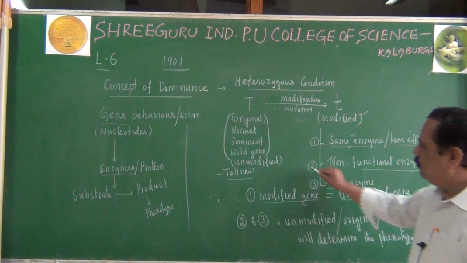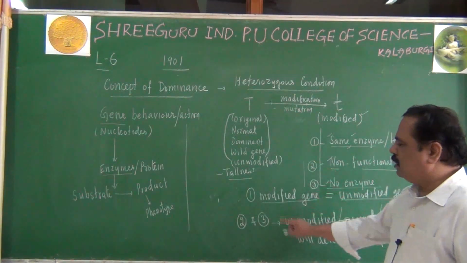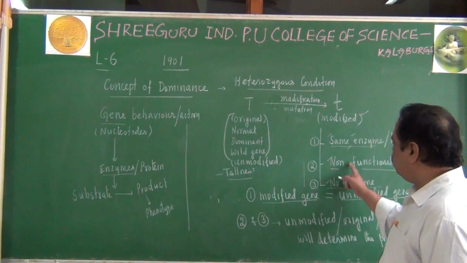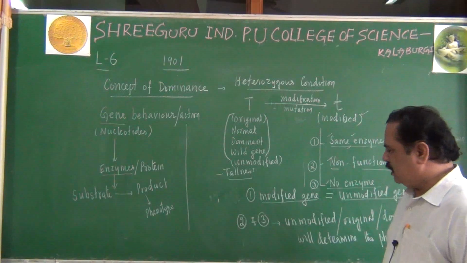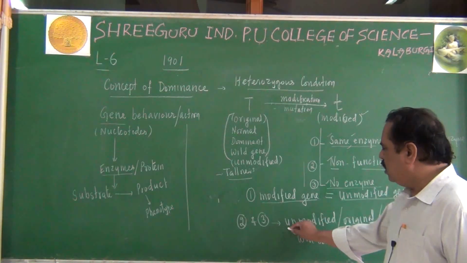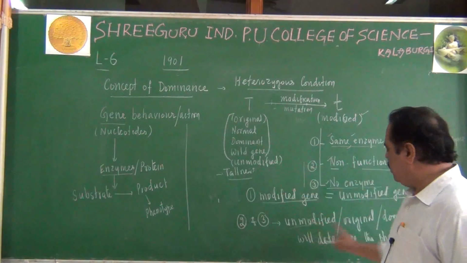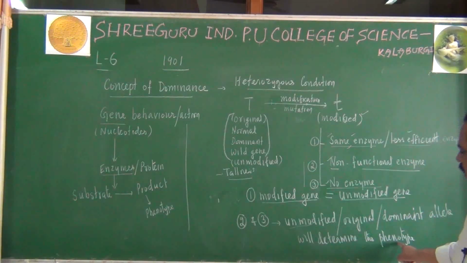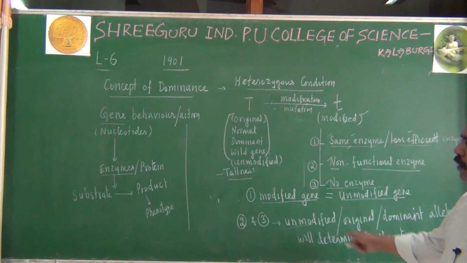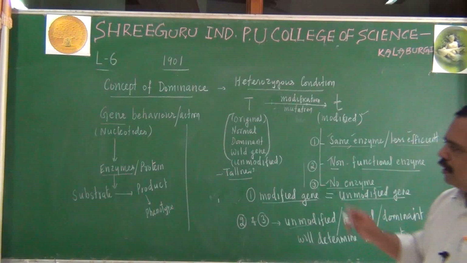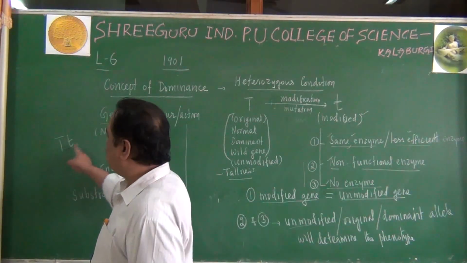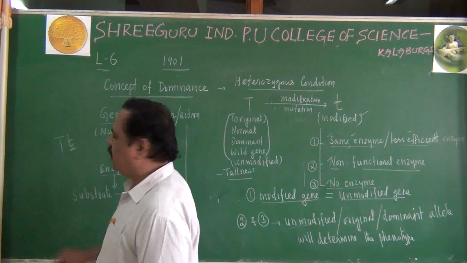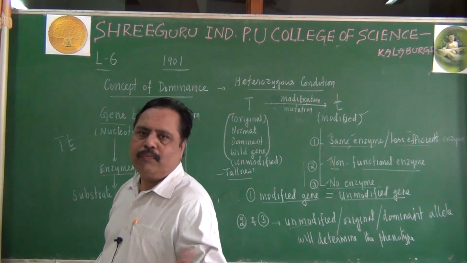But if it behaves in the second or third way, if it is not producing an enzyme or produces a non-functional enzyme, what is the meaning? The unmodified allele, that means the original allele, will be determining the phenotype. That is what happens in dominance. Capital T and small t are there, but the product produced by small t is not useful, non-functional.